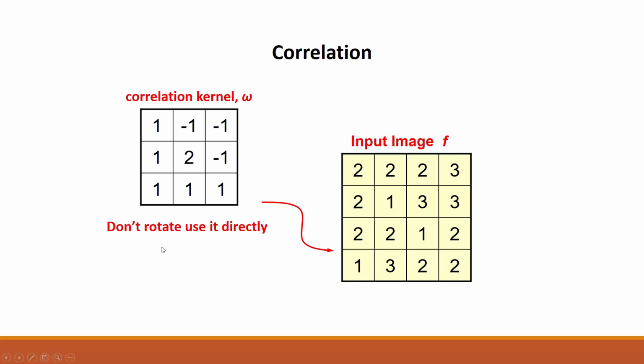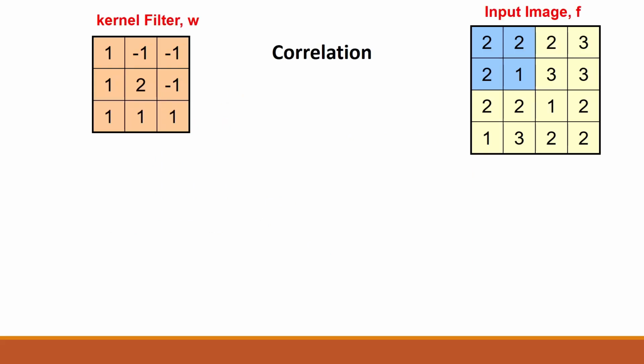The rotation of 180 degrees is required in the case of convolution only. As you can see, this is a filter of weights. At the center element we have weight 2, the diagonal elements are 1 and 1, and here minus 1 and plus 1, and the neighboring elements are plus 1, minus 1, minus 1 and 1. And this one is an input image. As you can see, the size of the filter is 3 cross 3.